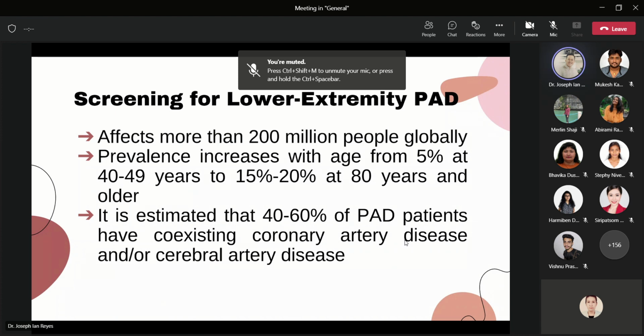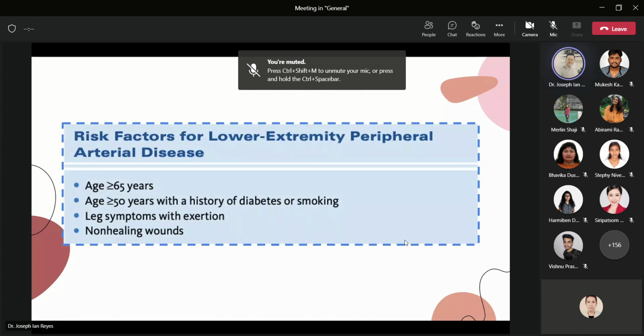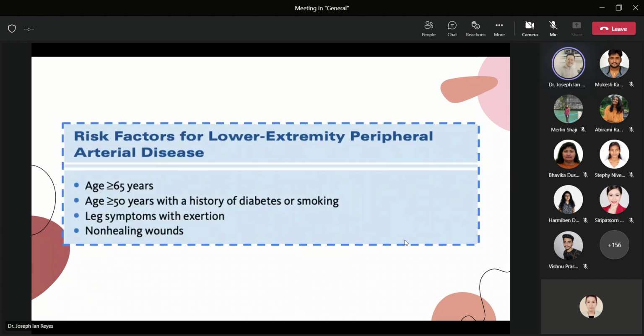So risk factors. Risk factors for lower extremity PAD would be, as mentioned, age more than 65 years old, age more than 50 if your patient has history of diabetes or smoking. Then leg symptoms with exertion, as discussed earlier.